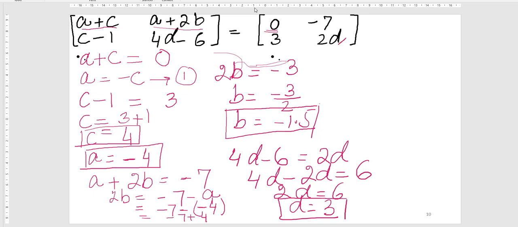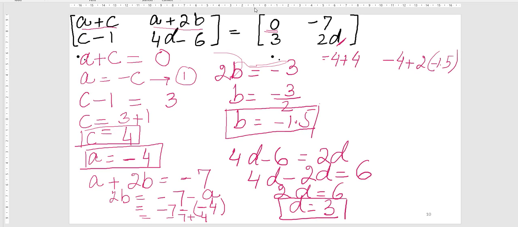So this is the tricky part. Only 2D I will show you. So A, instead of A, we will write down from here minus 4, and value of C is plus. Similarly, A is minus and then 2, and the value of B is minus 1.5, which will be equal to minus 3.